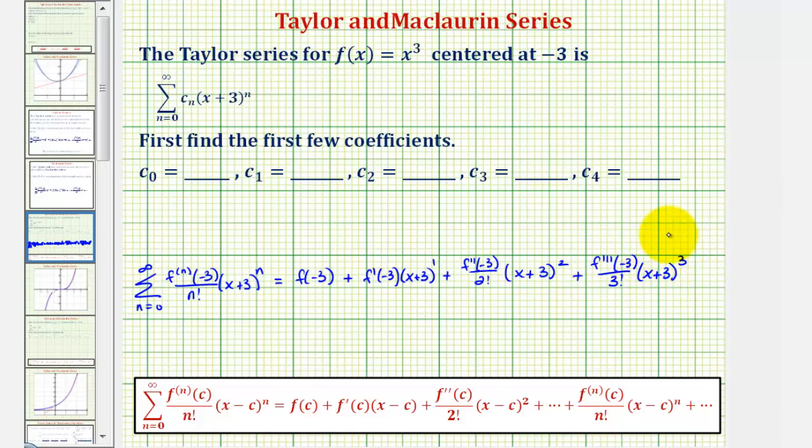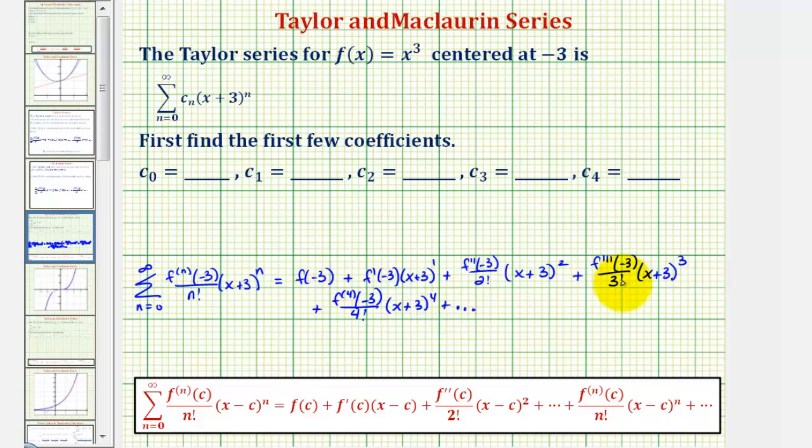We need to find at least one more term to find the first 5 coefficients. So we'll have plus the fourth derivative of f evaluated at -3 divided by 4 factorial times the quantity x plus 3 to the fourth, and so on.